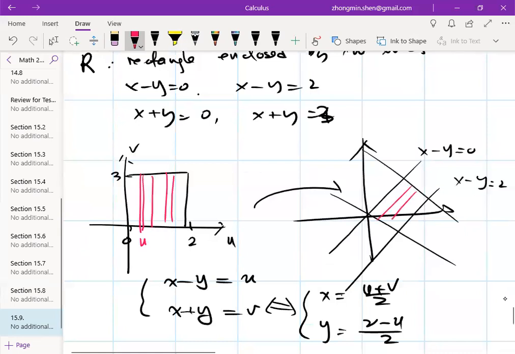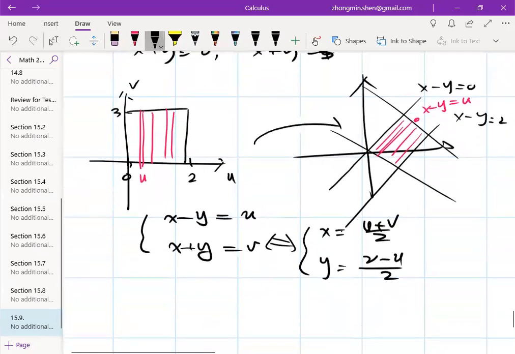So I've got a bunch of lines like that. For the fixed u, you get a vertical line, then the corresponding image will be those lines.